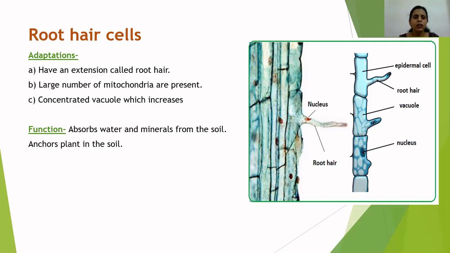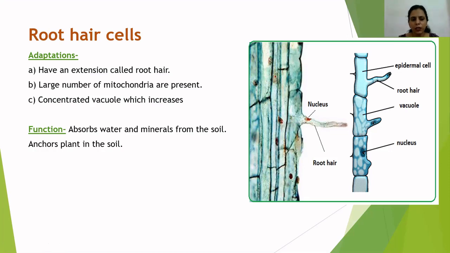The last adaptation is a concentrated vacuole present in the root hair cells. The benefit of this concentrated vacuole is that it increases the osmotic concentration.